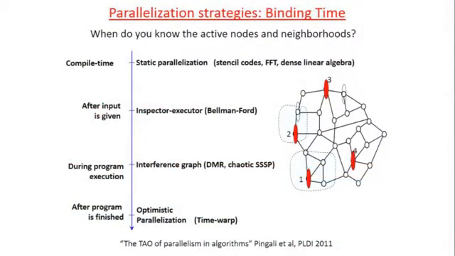So one thing you have to consider is, where do you introduce parallelism in your code, right? The classic methods are trying to do static parallelism. You look at the code, maybe parameterized on the size of your matrix, you parallelize your loops. And you can do that because you have all the information you need at compile time.